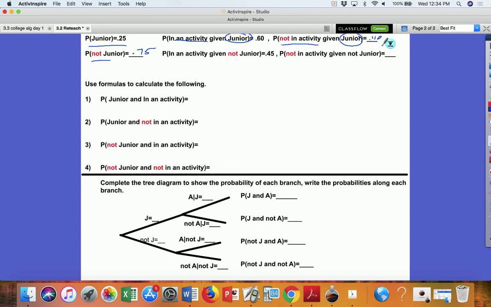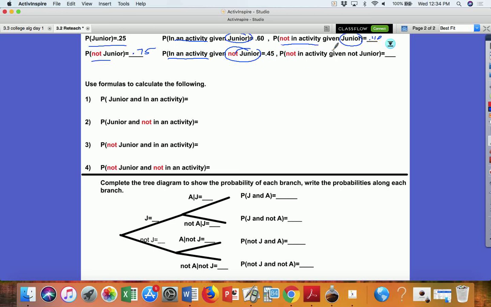Does it matter if we put the actual percent, or do you prefer decimals? I don't care. The reason why I do it this way is because we're going to do arithmetic with them, so I just leave them in decimal form. Okay, with the restriction that you do not have a junior, the chances that they're in an activity is 45%.